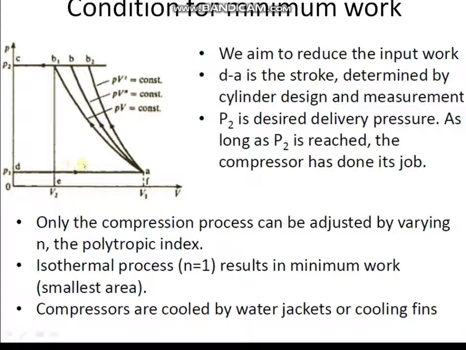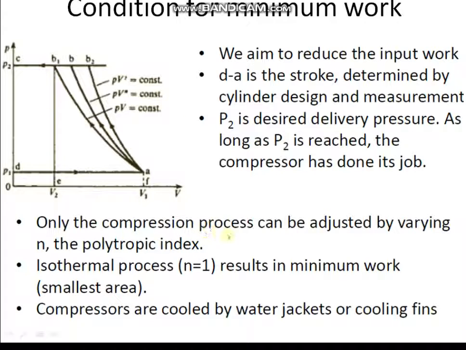The minimum indicator area is obtained for the process D, A, B1, C and D. This shows the minimum amount of work input necessary, because if the area is minimum for this cycle, it will require the minimum work input in comparison to the work required for the cycles D, A, B, C, D and D, A, B2, C and D for the polytropic and isentropic process respectively.